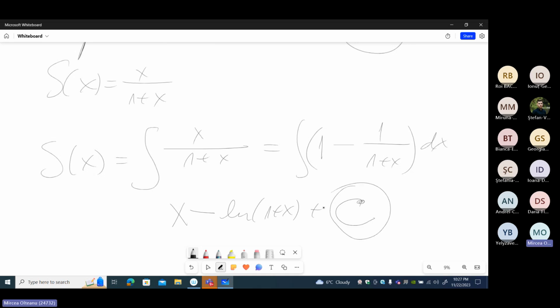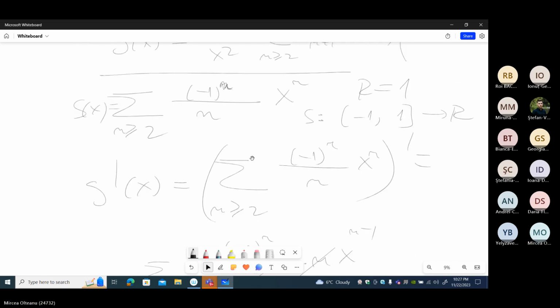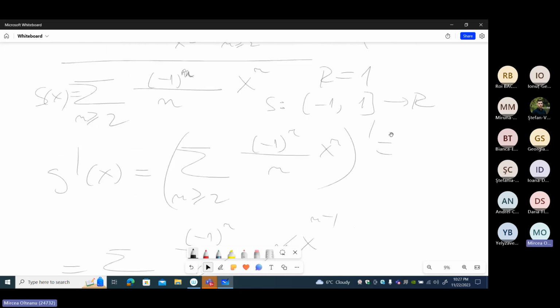How to find this constant? Simply by computing s of 0 directly from the definition. If we look at the definition of s of x, here, sorry, this one, you see the first term is x squared. So obviously at 0 it will vanish.